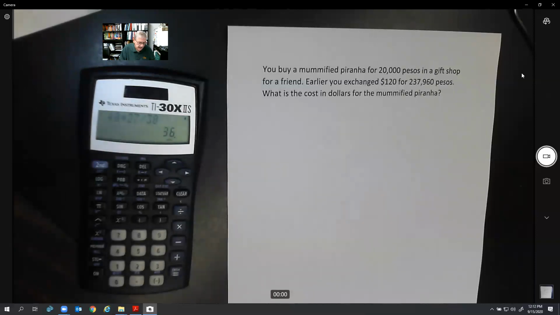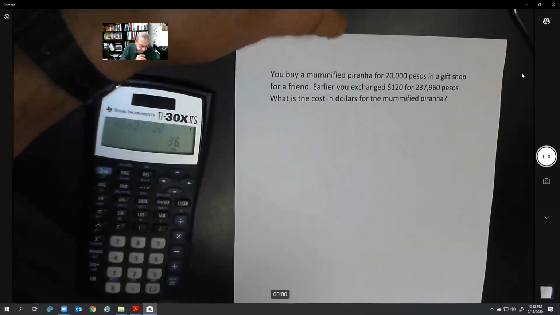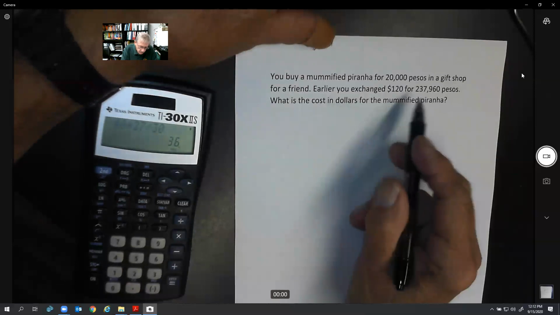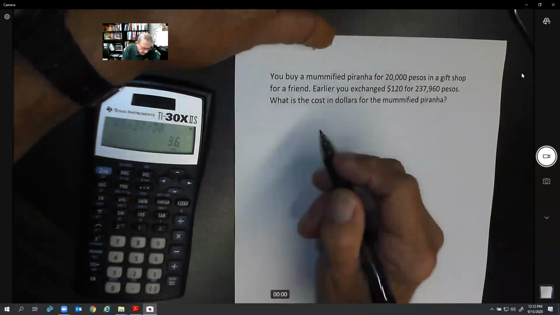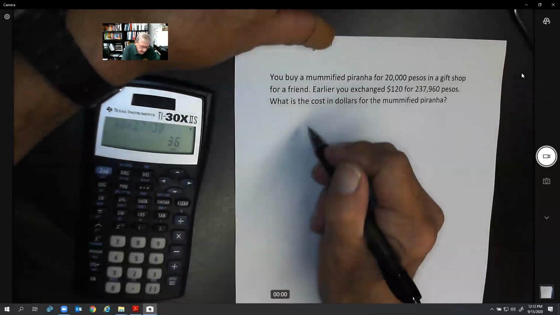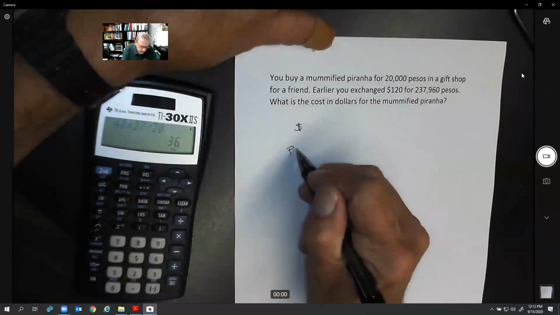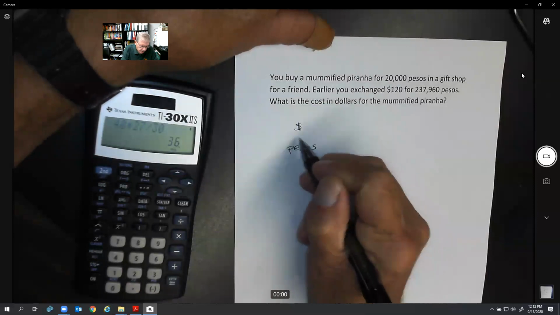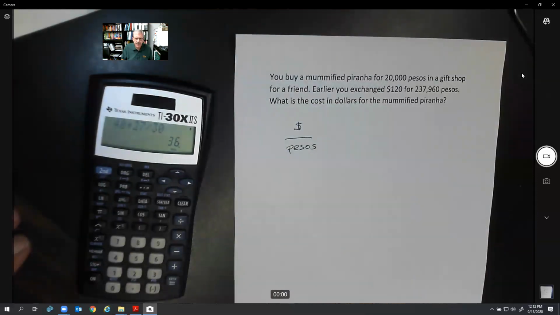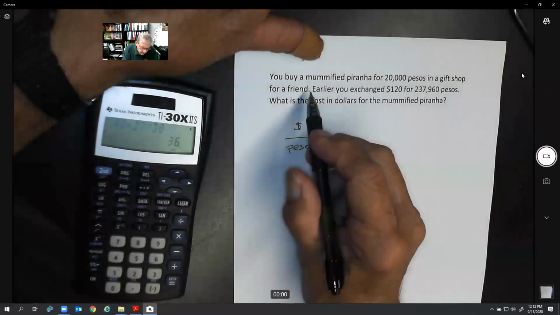Well, let's see if we can set this up by proportion. When we set this up, let's set up money, dollars, over pesos. So I like to write how I'm setting it up. So on this one, let's look at the second sentence.